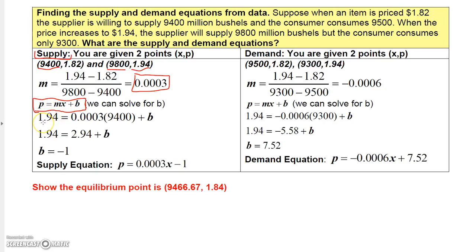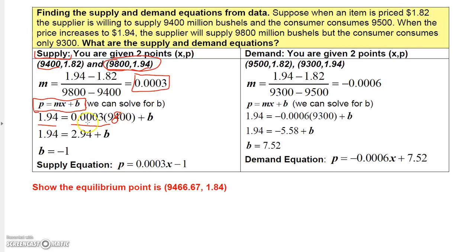Alright, so I'm going to plug in one of my points here. So I decided to plug in the second point, 9,800 and $1.94. Now when I plug that in, I get $1.94 equals 0.003 times, let's see, did I plug in the wrong value here? Yes, it looks like I did. Let me correct that. Okay, it looks like I did the calculation with the right value, but I just wrote down the wrong thing here.